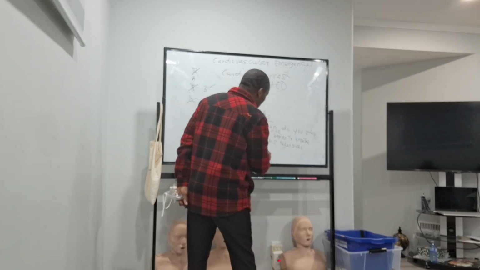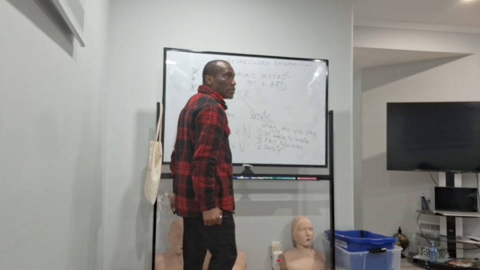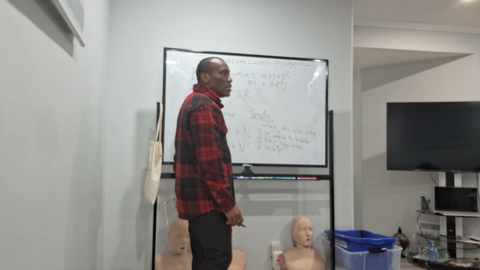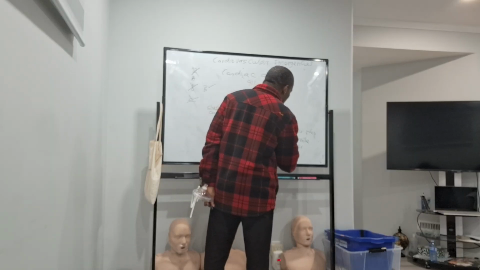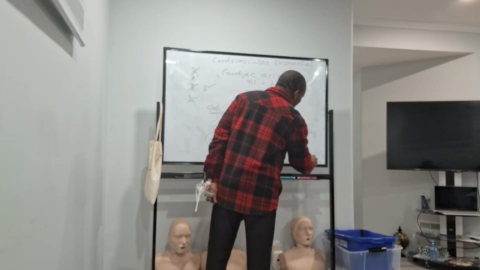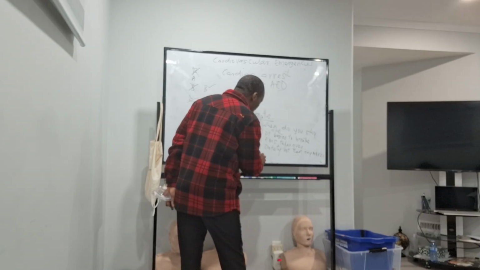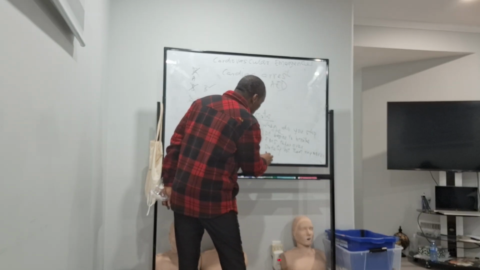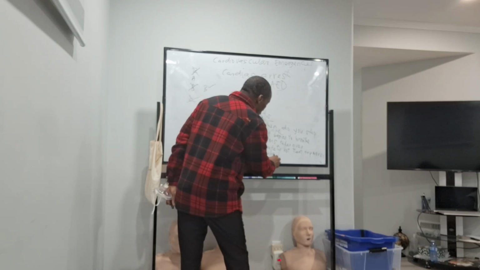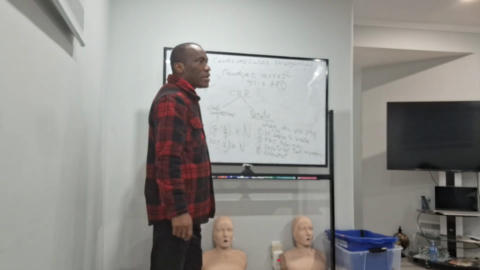Number 3, safety is threatened. Your safety is not guaranteed anymore. Number 4, you become exhausted. You have done it several times, now you are tired, you can't do it again.